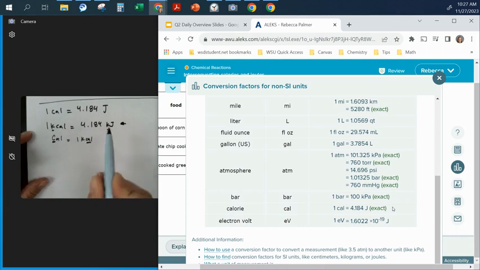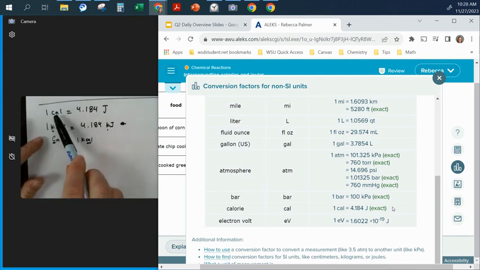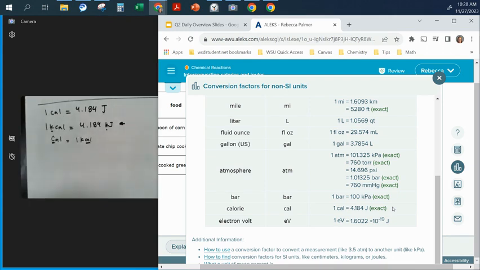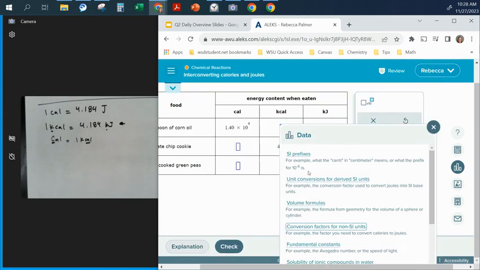And the science calorie, this little calorie, is just the energy it takes to heat up, I think, 1 gram of water 1 degree Celsius. So that's the definition that we've created for calorie, okay? And we use it a lot, and that's why we're using it in Alex. Okay, question so far? We're good? Okay, let's go over this topic then.